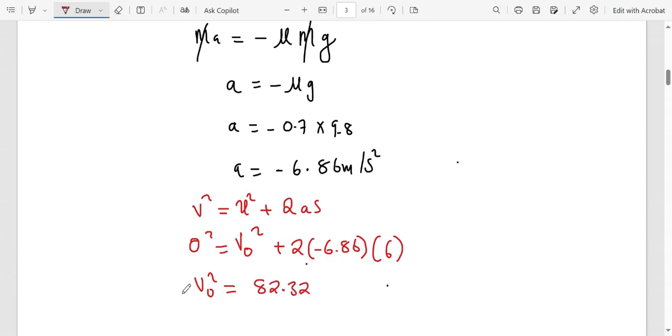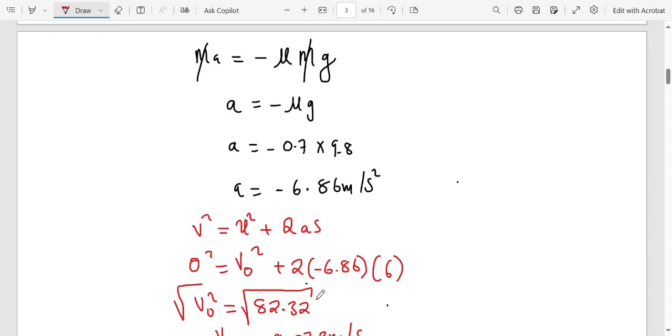And then square root both sides. So the initial velocity is going to be equal to 9.073 meters per second.